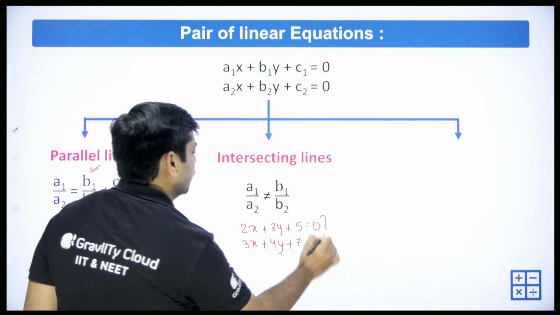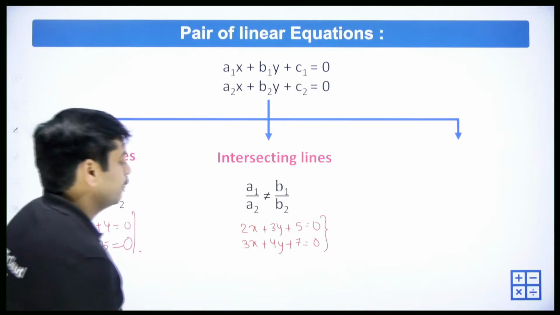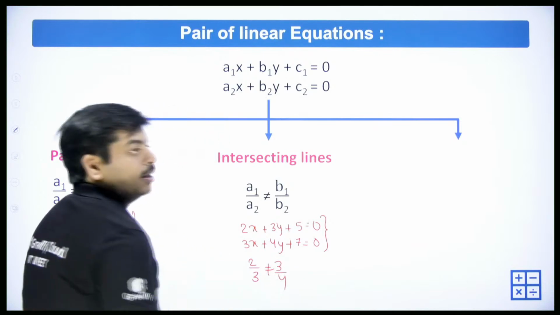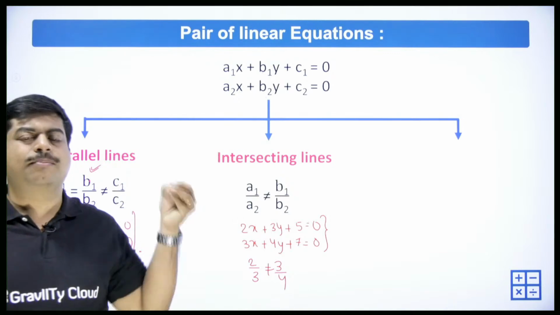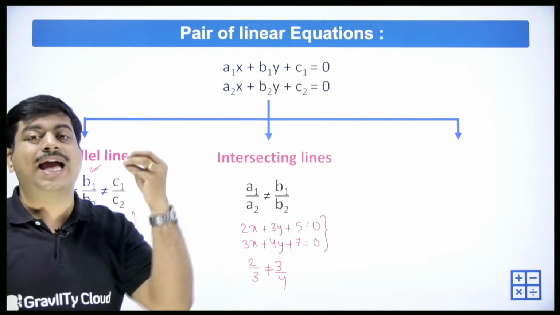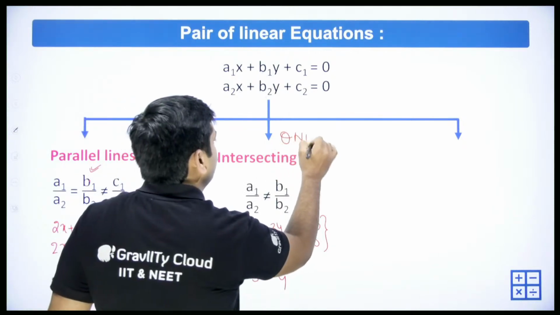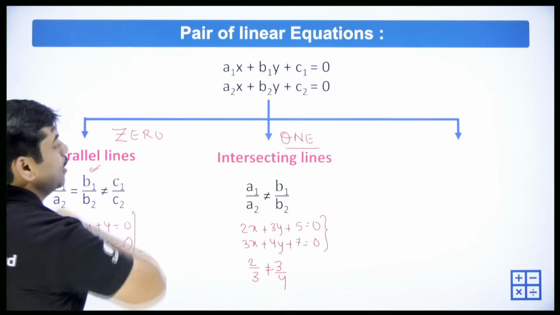There may be some solution, whatever it is. But you can see 2 by 3 is not equal to 3 by 4. It is enough to say that these lines are intersecting, and as we discussed in the previous slide, intersecting lines mean they have one unique solution.